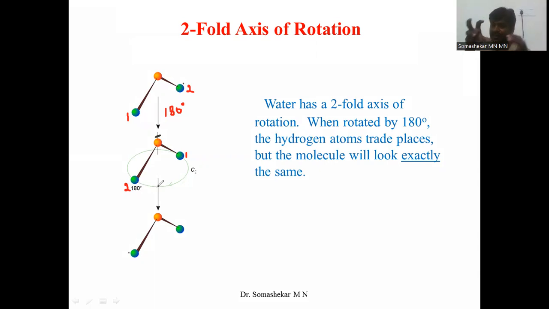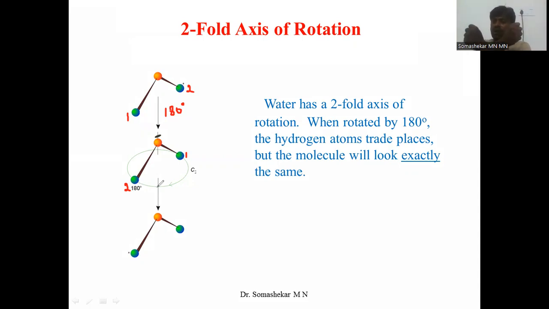So after rotating 180 degrees we get one configuration, which we call an indistinguishable molecule. It is not the same, identical molecule, but an indistinguishable molecule. In this indistinguishable molecule you will not find any change in the geometry. That's why there is a symmetry.